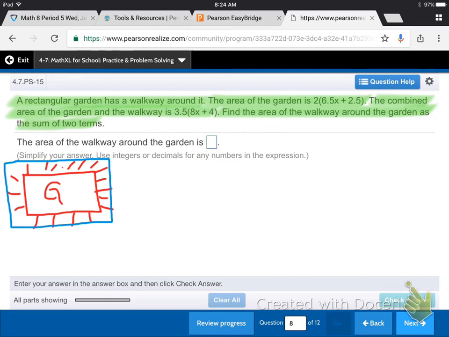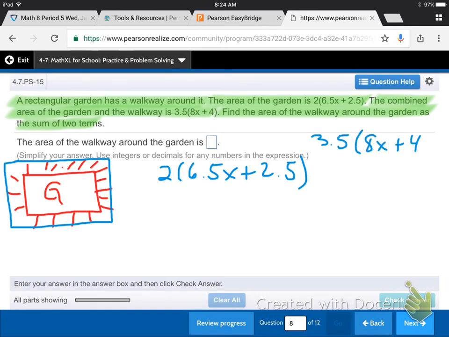And so it tells us that the area of the garden is 2 times 6.5x plus 2.5. And the area of the garden and the walkway, so the whole thing inside the blue perimeter, is 3.5 times 8x plus 4.